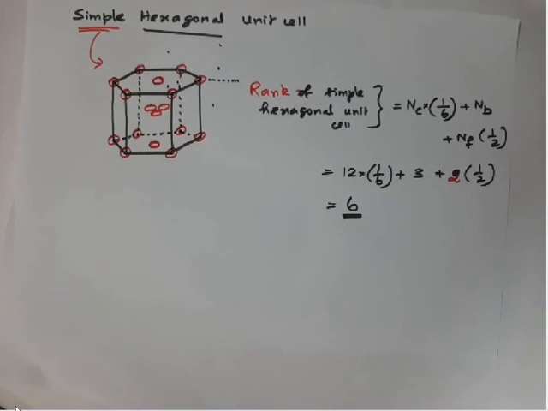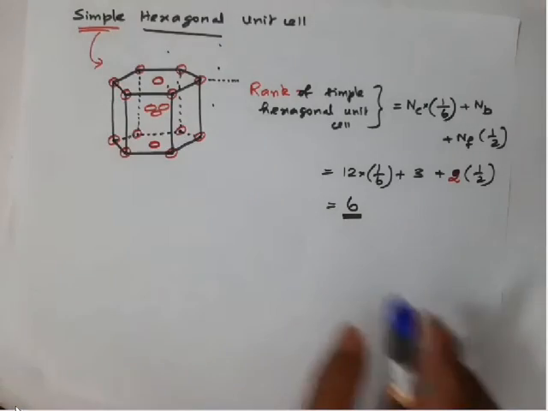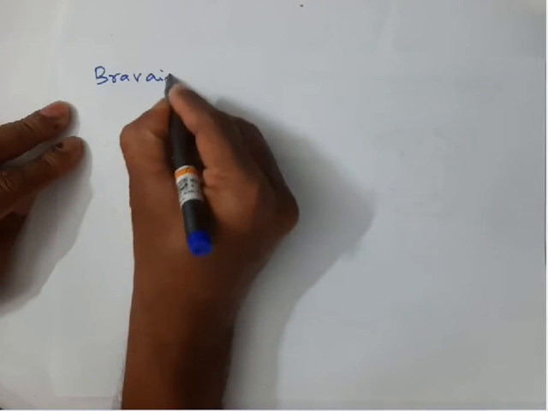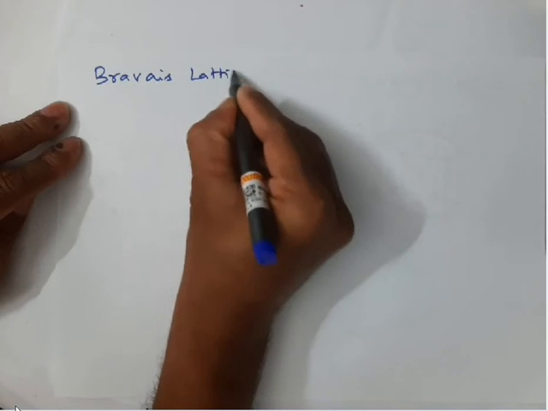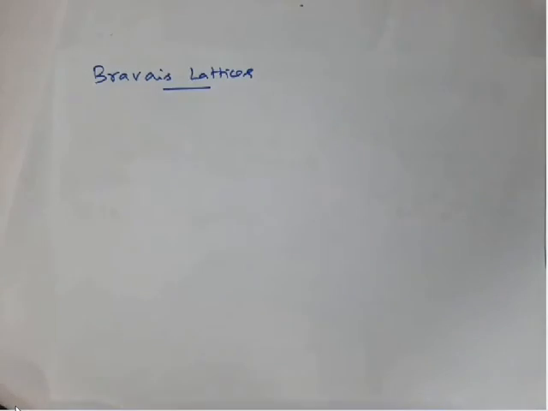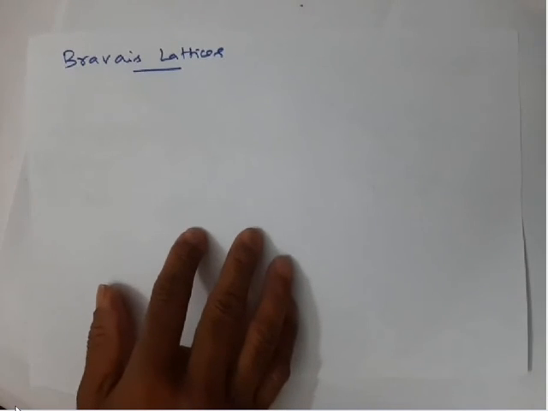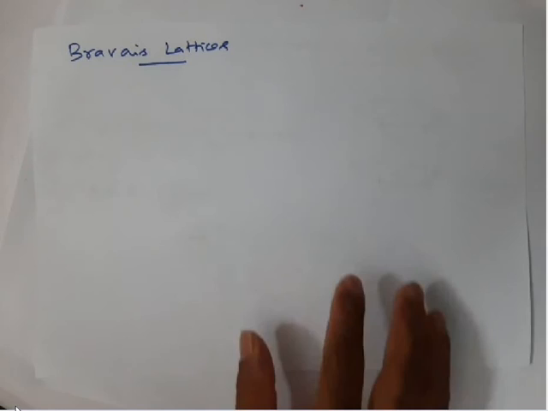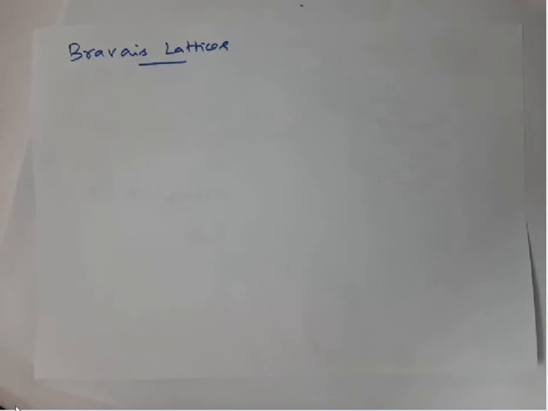So now I'll go back to Bravais lattices. The scientist Bravais analyzed and found that there are 14 different types of unit cells that exist in nature.